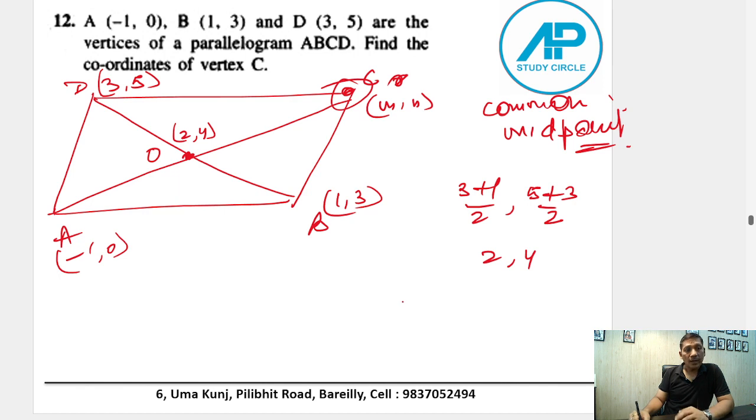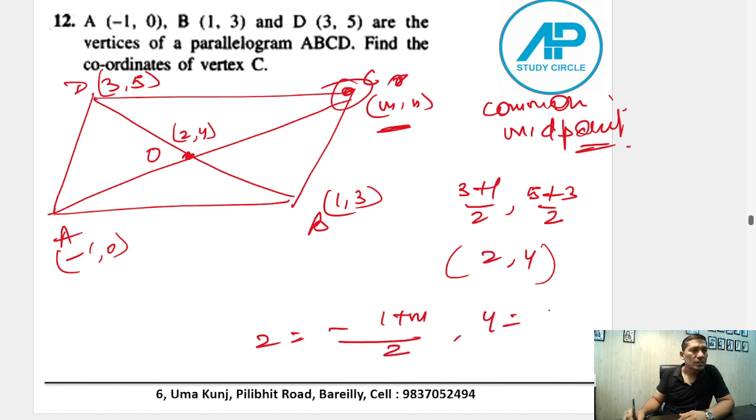Now I use this midpoint for the other diagonal, where one endpoint is unknown but the midpoint is known: 2 equals (minus 1 plus m)/2 and 4 equals (0 plus n)/2. It gives m equals 5 and n equals 8. Coordinates of point C are 5, 8.